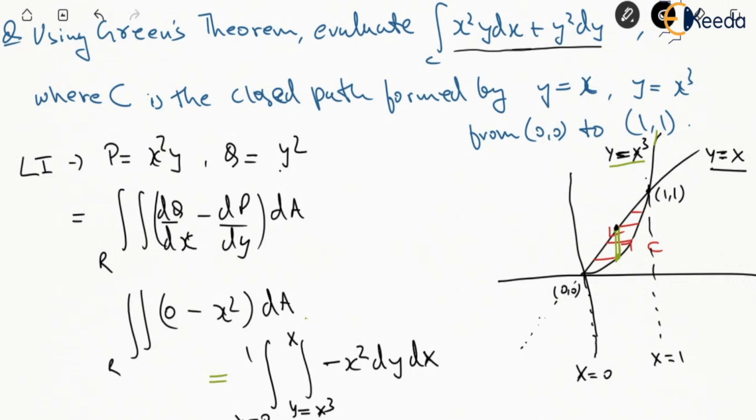So now we have to find this double integral, and we can easily solve this and find the answer, right? So let's do it. The first integration will be with respect to y, so x square will remain as it is and it will become minus x square y. The limits are x cube and x, and then we have to integrate this with respect to x with the limit 0 to 1.